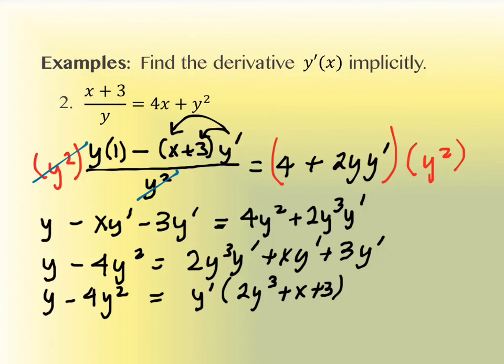Divide. So we're going to end up with y prime equals the y minus 4y squared from the left over the 2y cubed plus x plus 3 that was originally on the right, or at least the last step of it was on the right.